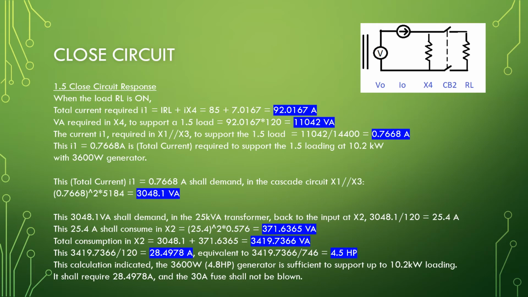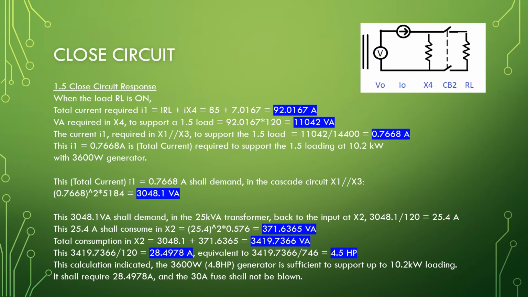1.5 closed circuit response. When the load RL is on, total current required I1 equal to IRL plus IX4 equal to 85 plus 7.0167 equal to 92.0167 ampere.